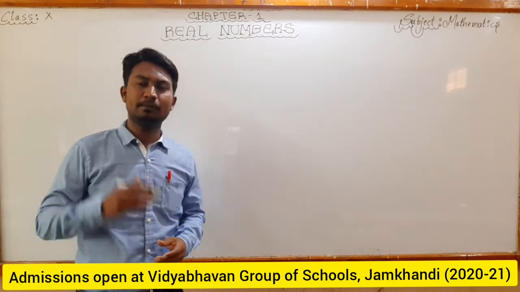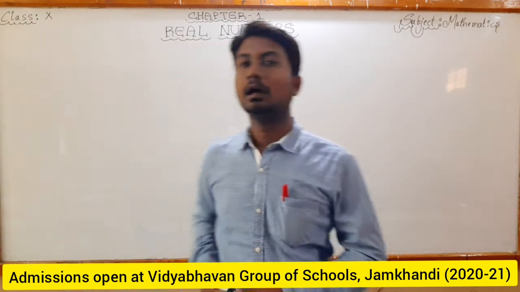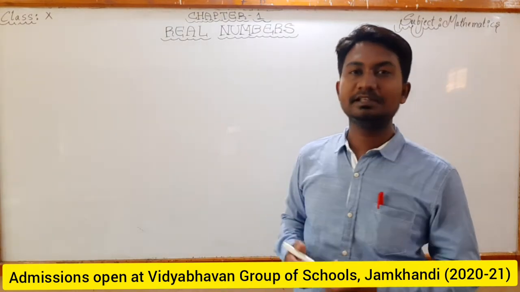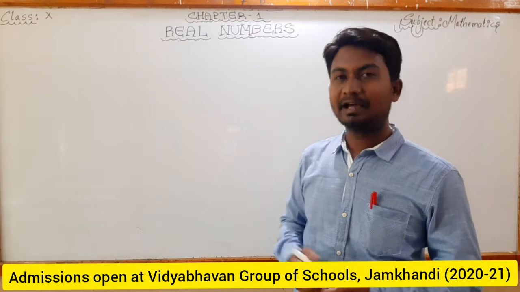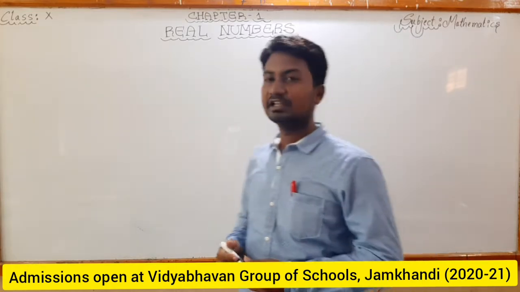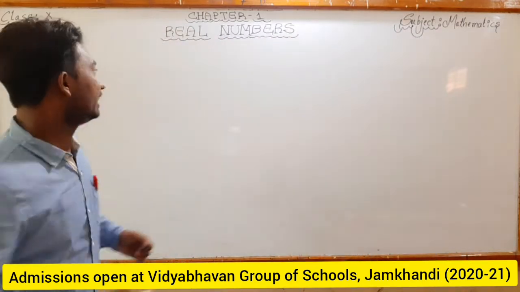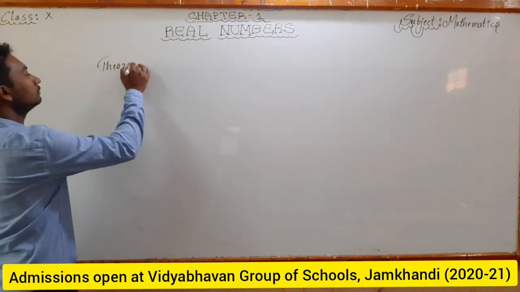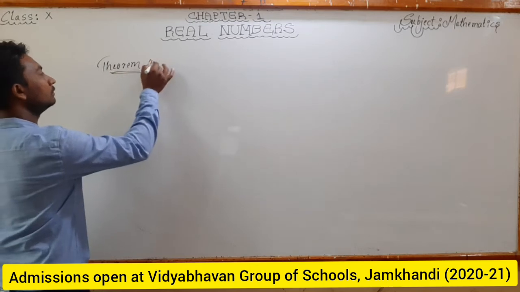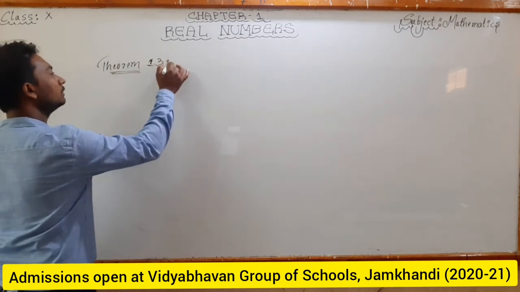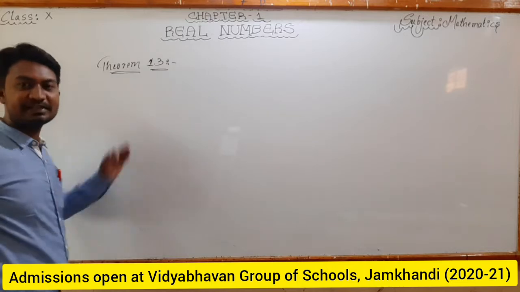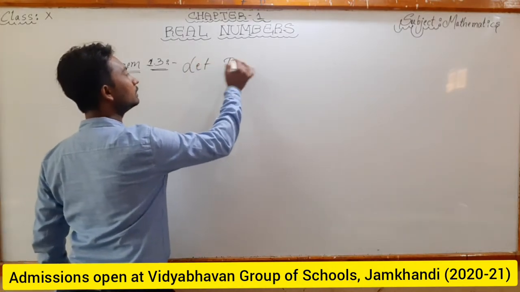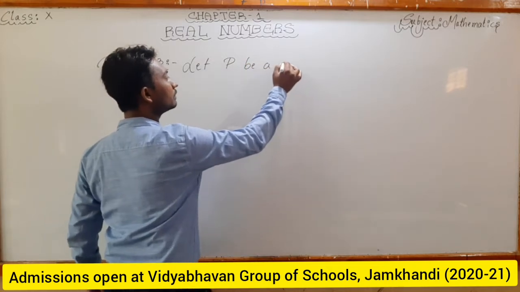We already studied in the previous class the first theorem, Euclid's division lemma, and the second one, the fundamental theorem of arithmetic. Now we have to study theorem 1.3. It states: let P be a prime number.